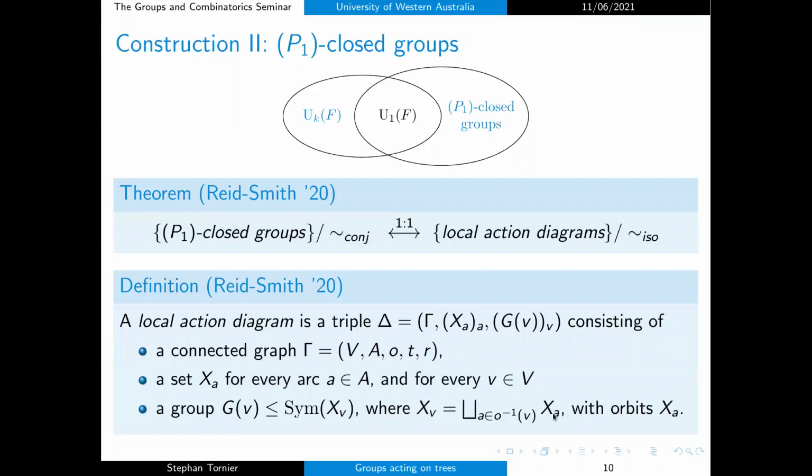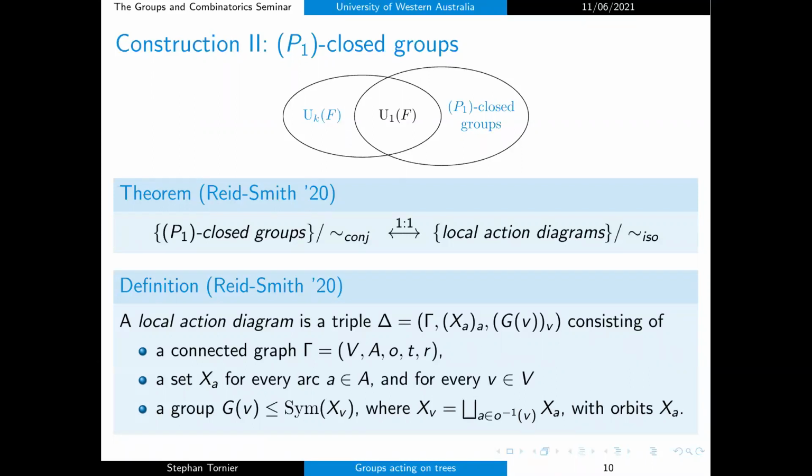And then these sets X_A, their cardinality is really just saying, in the local action in the big tree, what orbits of arcs do I get coming out of that vertex? If I have 3 arcs coming out and they all collapse to one orbit, then I'm going to put a set of size 3 there.